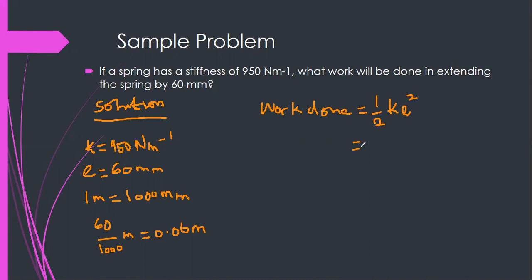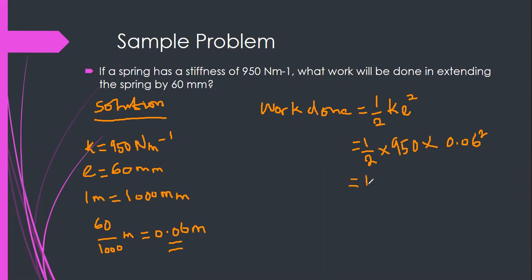So we have 1/2 multiplied by the spring constant, which is 950 Newton per meter, and then multiplied by the square of the extension here. We have found it to be this, so we are using 0.06 square. Don't forget.